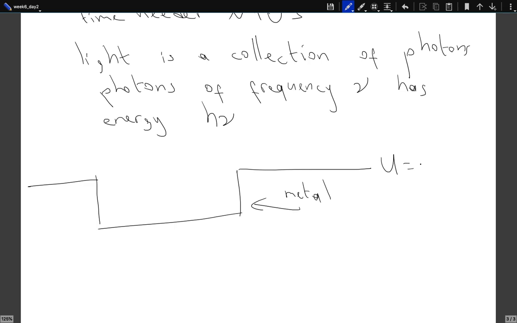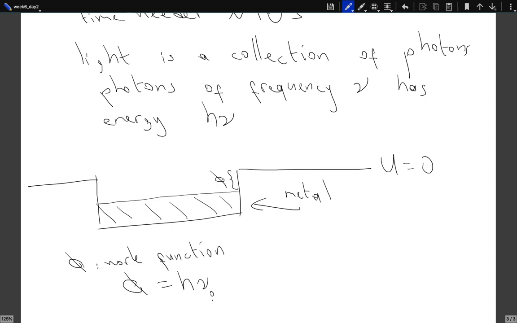This is the U equal to 0 potential energy range, and we have the electrons inside having various energies. Unless you give an electron this much energy, the electron will still be trapped. And that energy is called the work function of the metal.